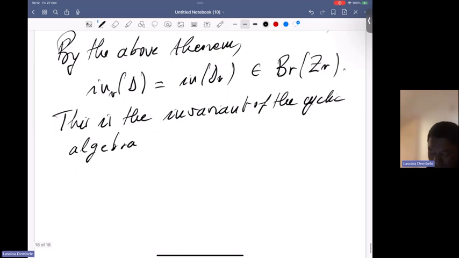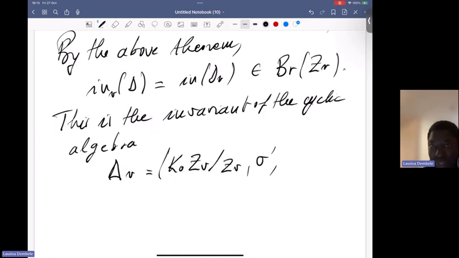And what was that cyclic algebra? It's Delta_v. And so Delta_v was, we take the compositum of K_0 with Z_v over Z_v, this is sigma prime, and this is pi to the f_v divided by g_v.